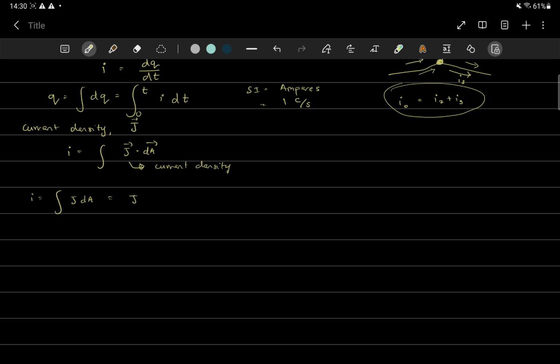So if the current is uniform, then of course J is also uniform, and hence you can take it out of the integral, and you can write it as JA, and hence you can find an expression for the current density as I by A, which makes sense, right? Basically the density defines how much current is flowing through a certain area, so that will basically determine how dense the current is, or what the current flow is. Therefore it is given by I by A.